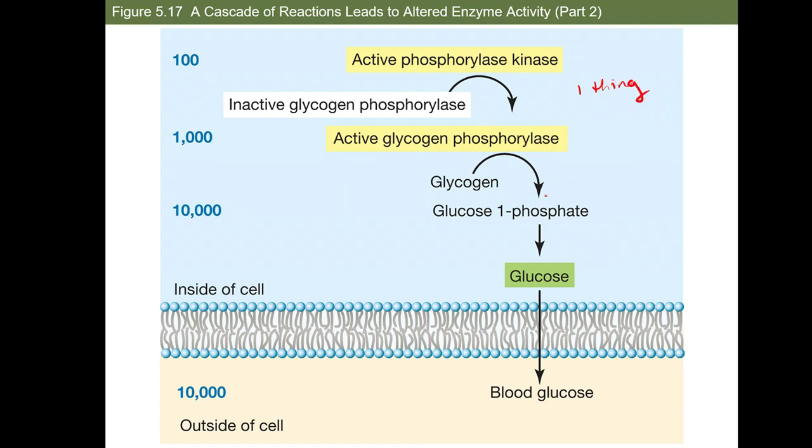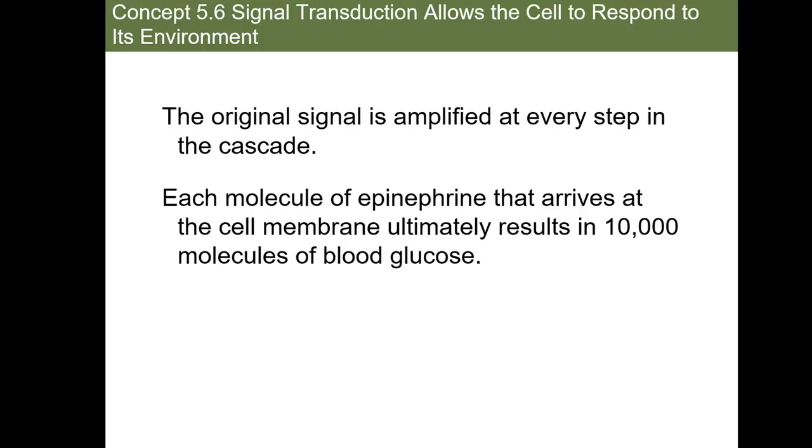And then that takes glycogen and turns it into glucose 1-phosphate, which ups the blood glucose for needed energy. The original signal is amplified at every step in the cascade. Each molecule of epinephrine that arrives at the cell membrane ultimately results in 10,000 molecules of blood glucose.